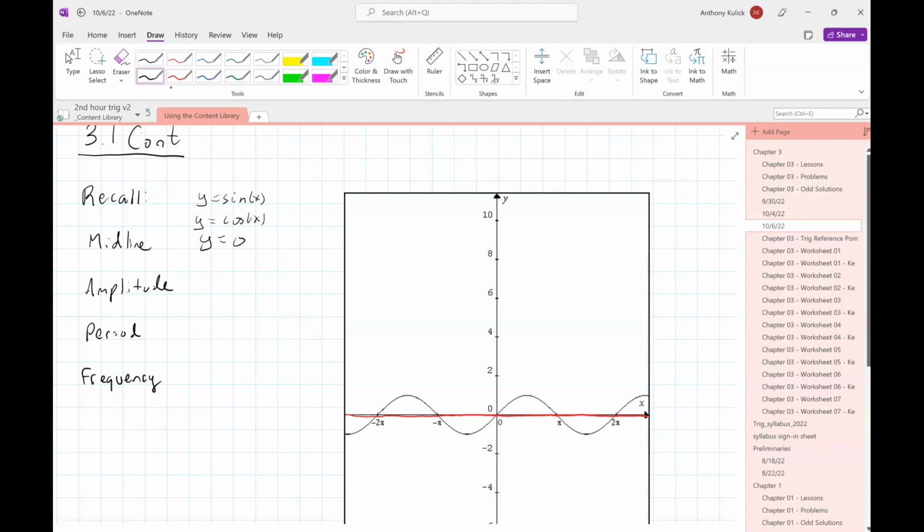For y equals sine x or y equals cosine x, that midline was just the x-axis, the line y equals 0.